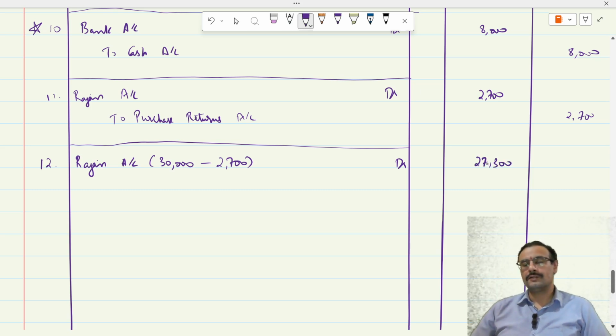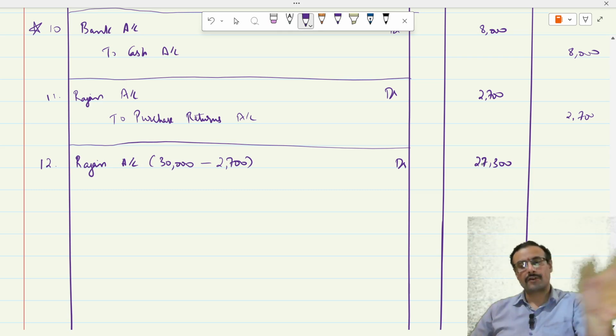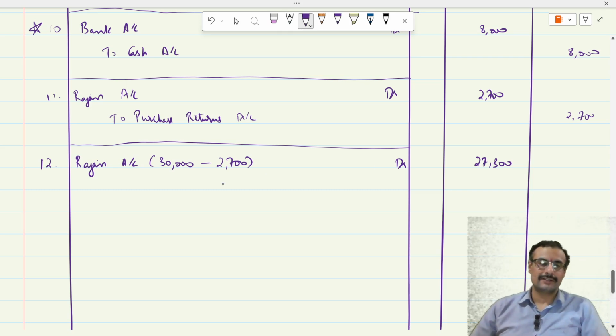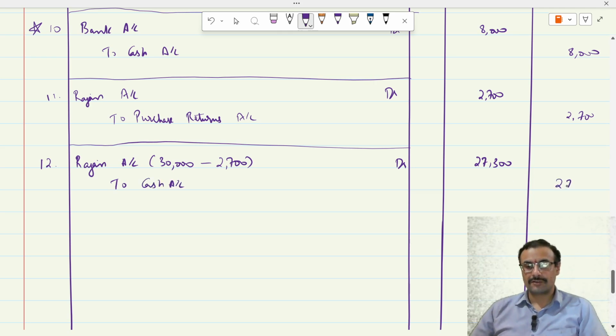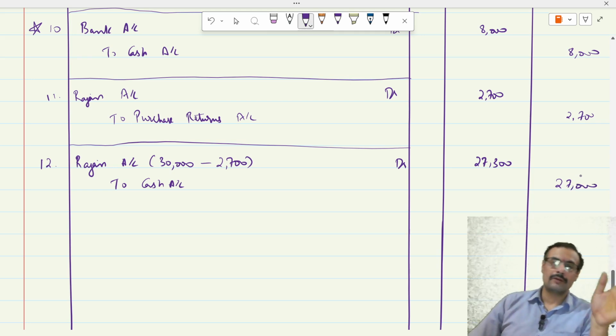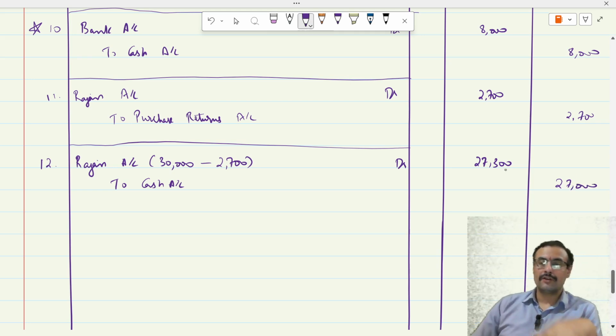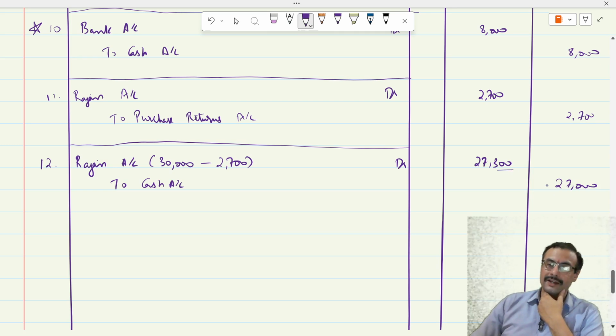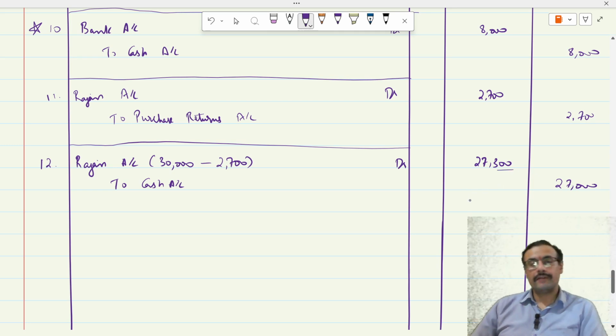And since I have said full settlement, we will not be paying any other thing. We are going to make it 0. 27,300. To cash, how much did we pay? We actually paid only 27,000, no? It is told in the problem, 27,000 in full settlement. Now, if you observe, there is a difference of 300 in the debit and credit columns. Where did that go? This is due to discount received, and discount received is an income.